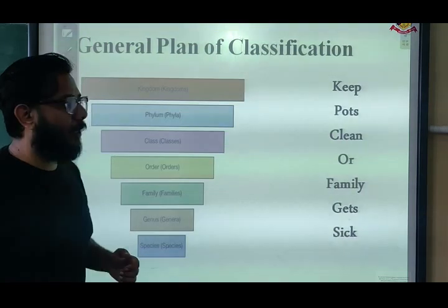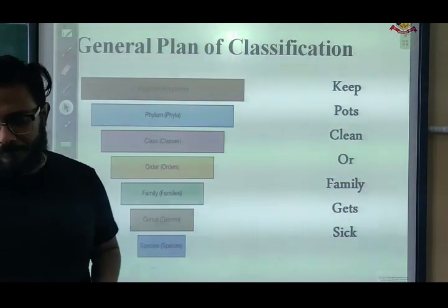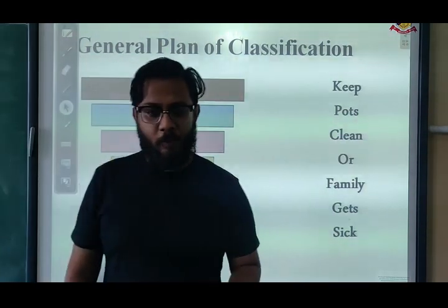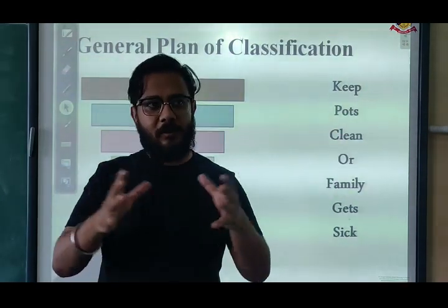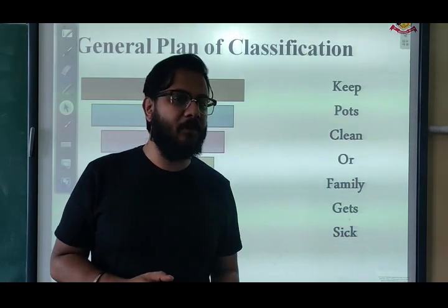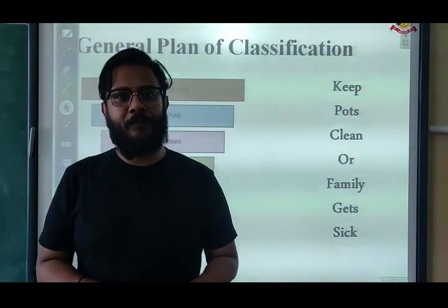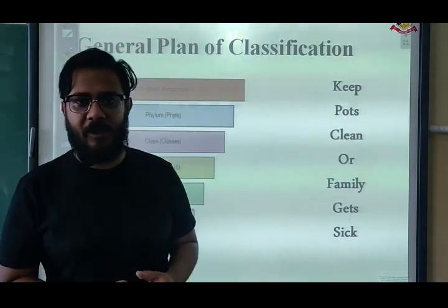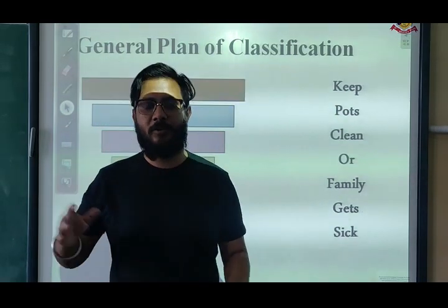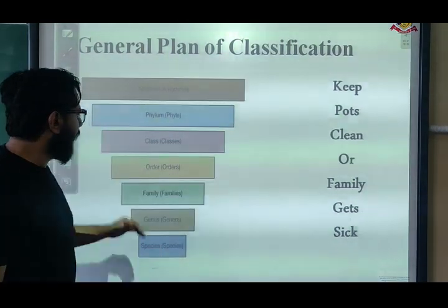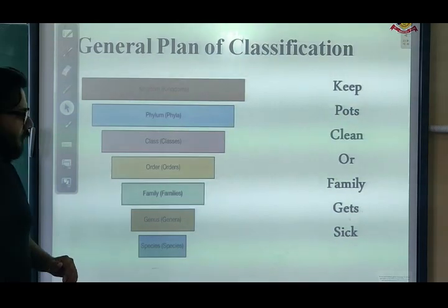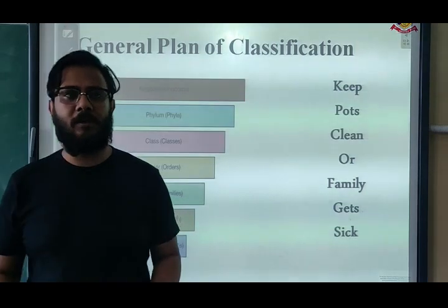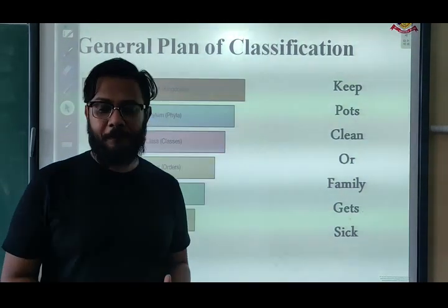Okay, after the class comes your order. Okay, it's divided based on, like let's say in animals, the orders are basically if an animal is a herbivore or a carnivore. Okay, it doesn't have to be based on the food, but it is divided as herbivores or carnivores. After that comes familia or family. Okay, like for example, cats are grouped under the family Felidae.